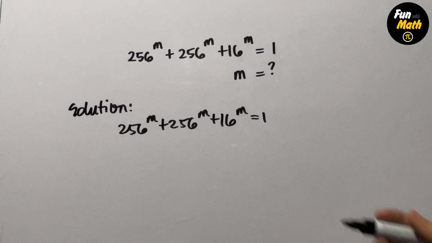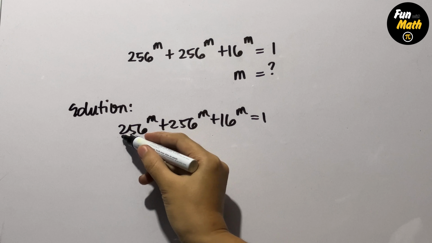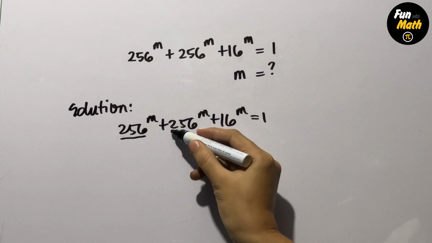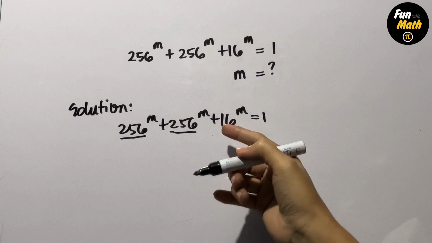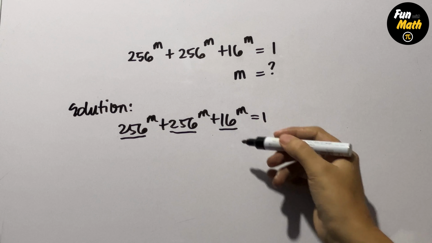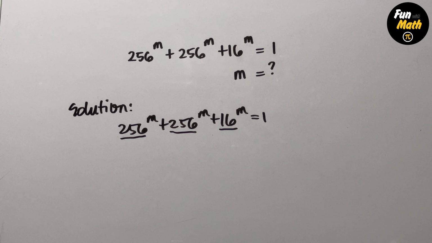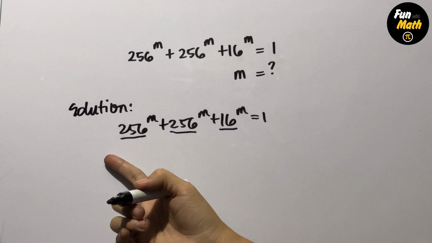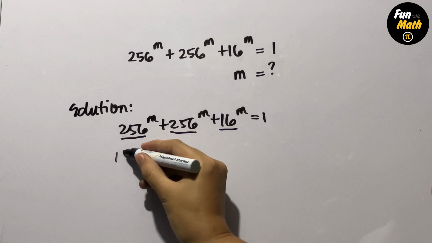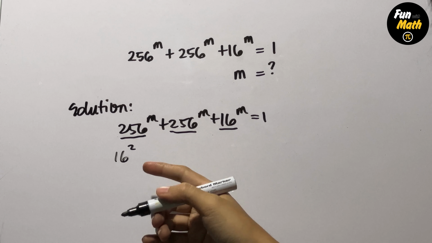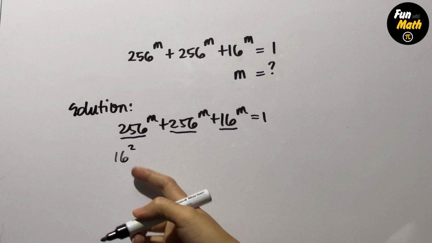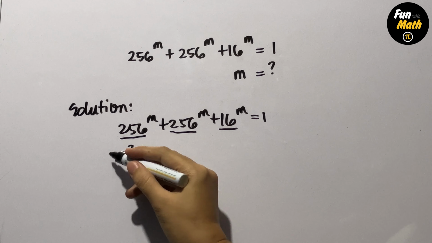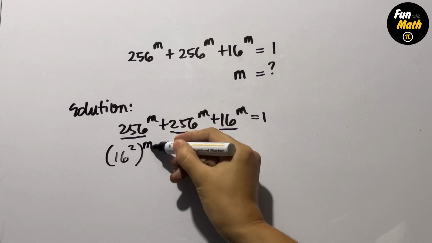Next is, for our bases, we have 256, another 256, and 16. What we can do is write everything in power form with the base of 16. So 256 can be written as 16 squared, because 16 squared is equal to 256, then whole to the power of m.